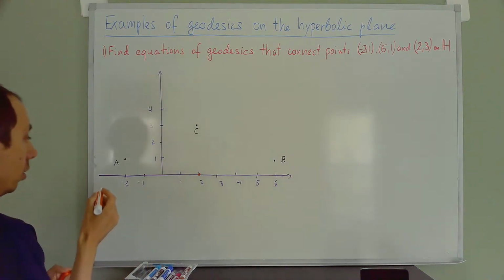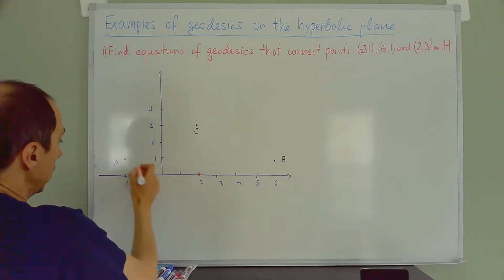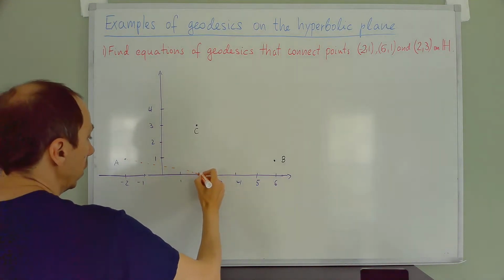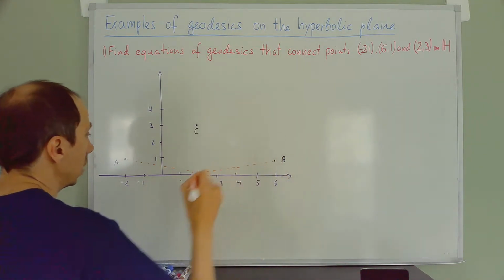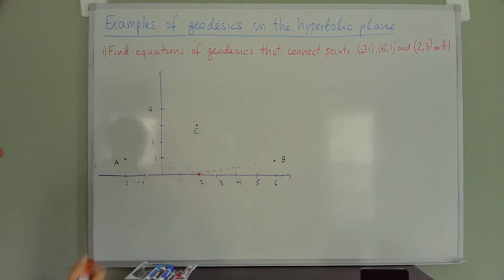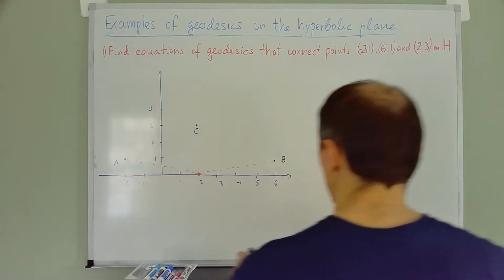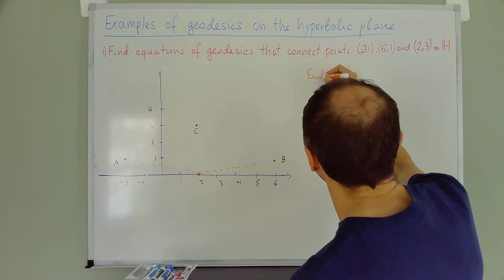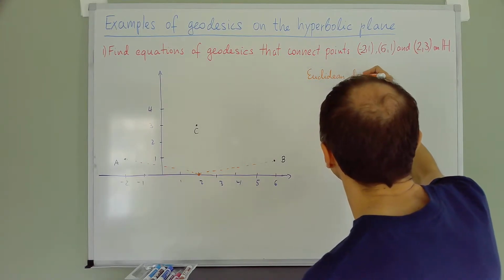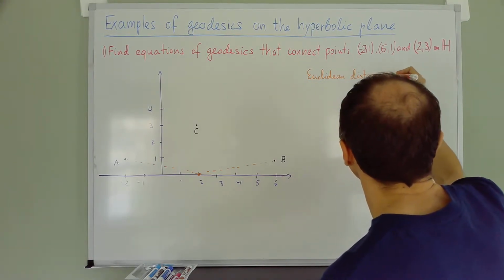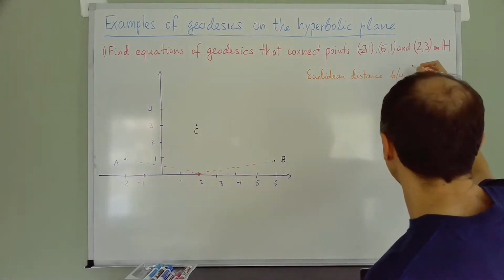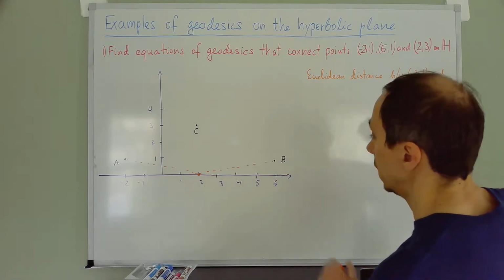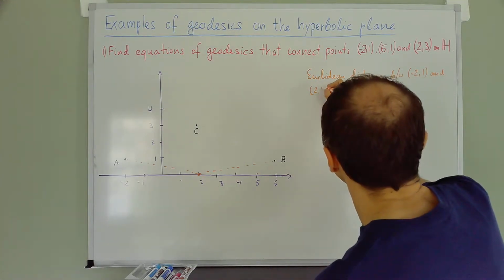Therefore, the circle that has this radius here, the same distance in both directions, will be the geodesic that connects A and B. We can actually compute this radius. That's going to be the Euclidean distance between the point A, -2, 1, and the center of the circle, 2, 0.